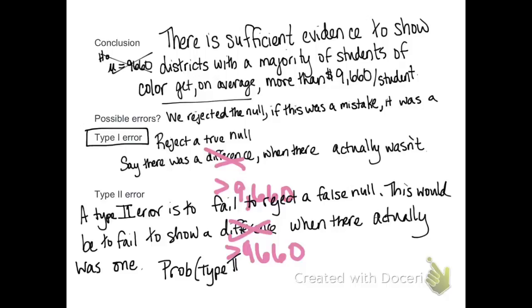So the probability of a type 2 error is beta. The probability of a type 1 error is alpha. And in this case, alpha is equal to 0.05. That's the probability of rejecting a true null, saying that there was greater than 9,660 when it actually wasn't.